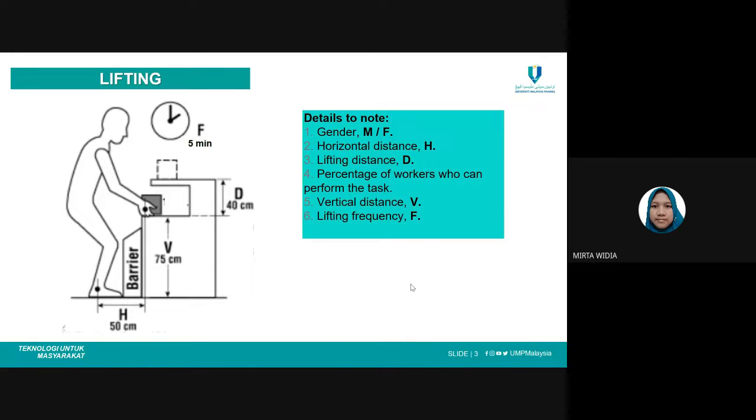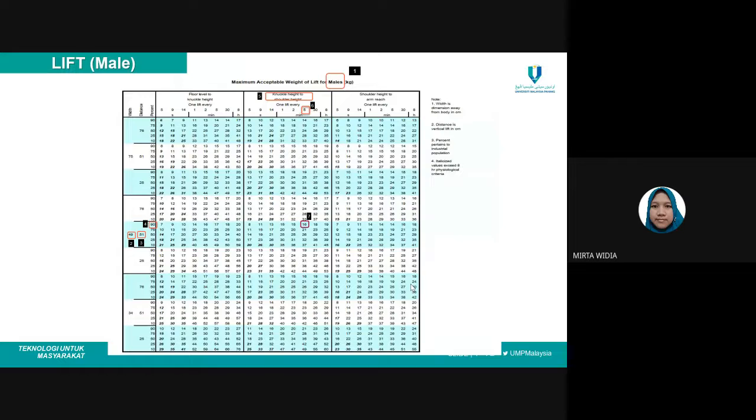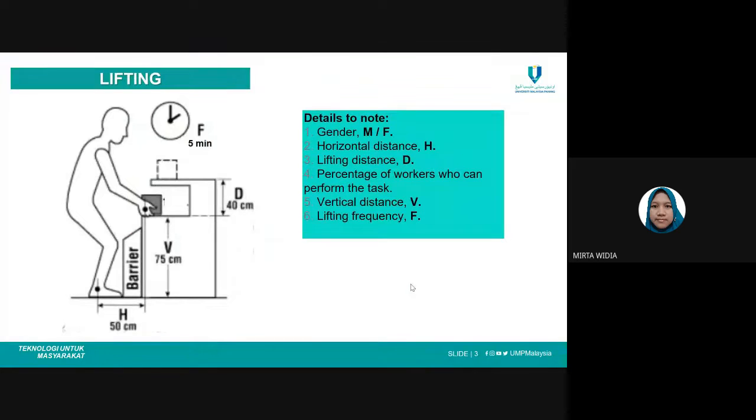Here is the table. When we would like to use this table, we need to know these variables that we have to note here. First is the gender, because the table is different for male and female. That's why we need to choose the table.